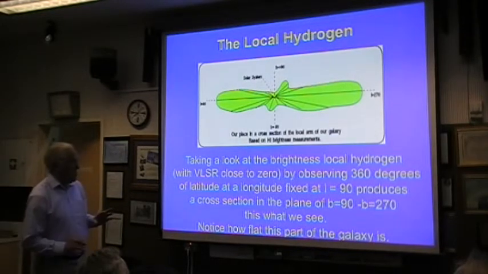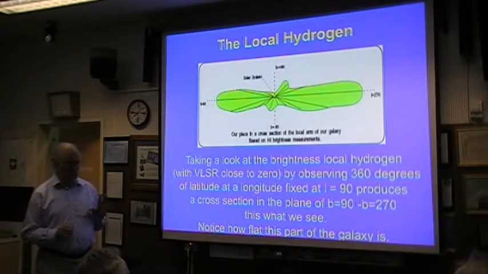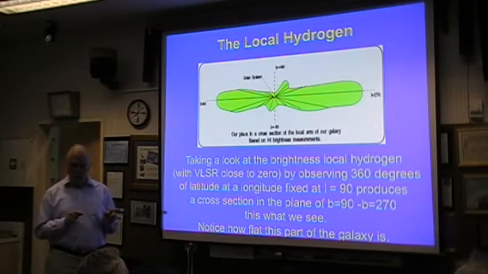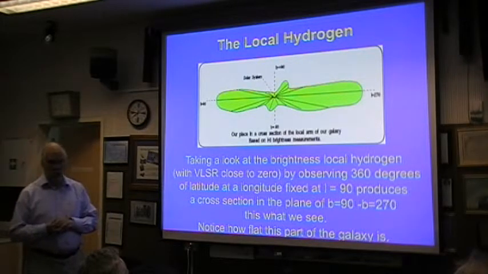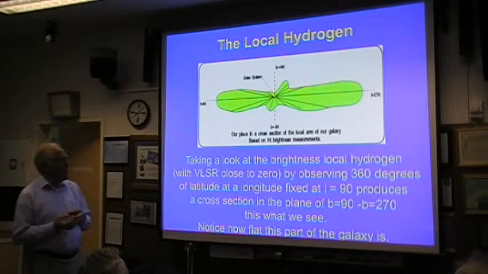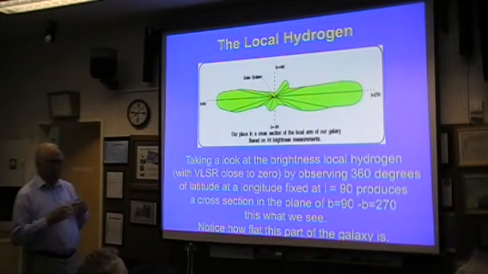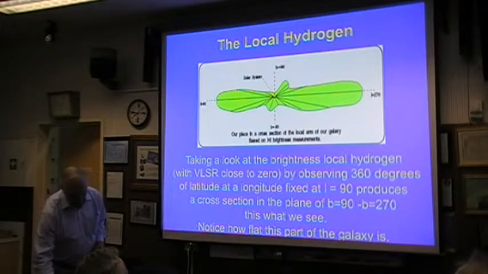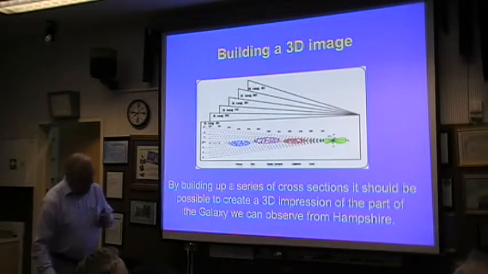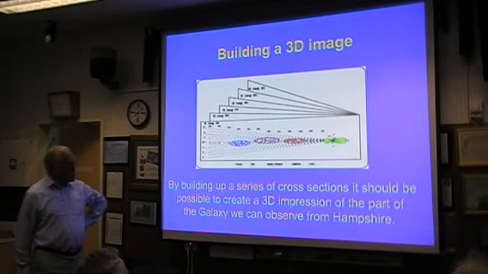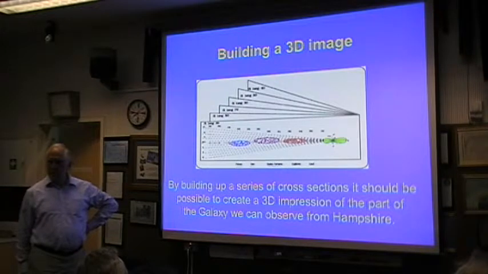This one actually is the local hydrogen around us, and here I've cheated because I had to use data from the southern hemisphere to add to my data from the northern hemisphere, and luckily that data is available, and it shows a slice through the plane of our galaxy just for the local hydrogen. And the thing that amazed me from an astronomy point of view is how flat it is. You can combine that with the other images, and you can start to imagine a slice through the galaxy.